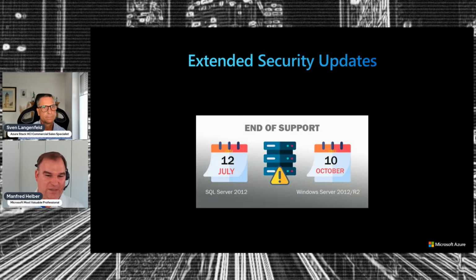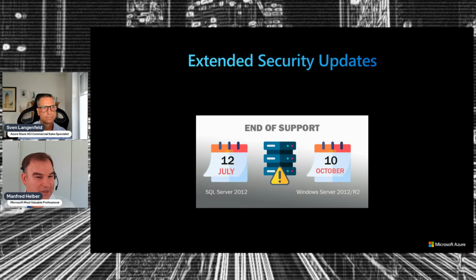And Windows Server 2012 R2 had the end of support date. This means end of extended support on 10th of October, so 3 days ago. This means we don't receive any security updates, hot fixes, and things like this anymore for Windows Server 2012 R2.